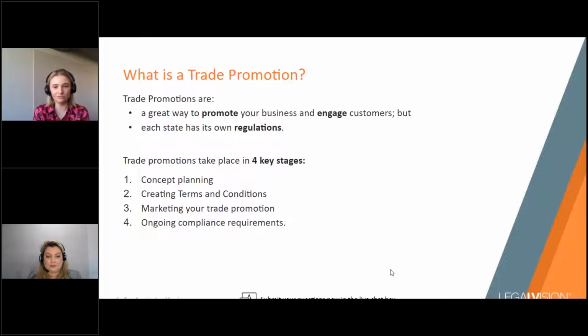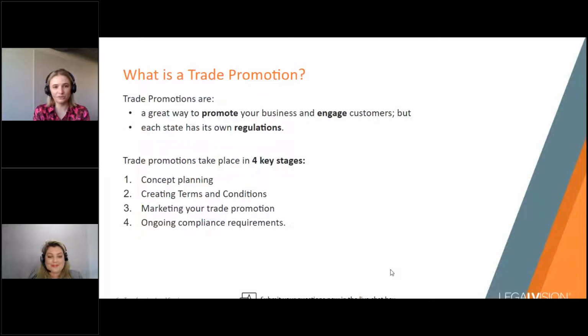Trade promotions are regulated differently in each state and territory, and in some states you'll need a permit to operate a trade promotion. If you are planning on running a trade promotion, you'll need to check the relevant laws for each state. This presentation will cover some of the key things you need to be aware of because trade promotions are akin to a form of gambling and they are heavily regulated.